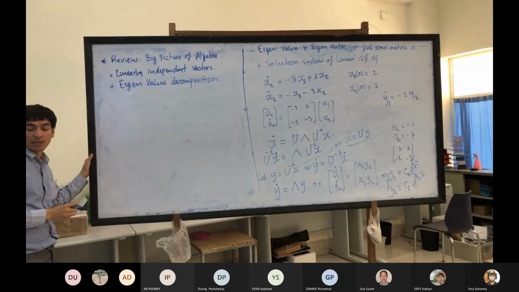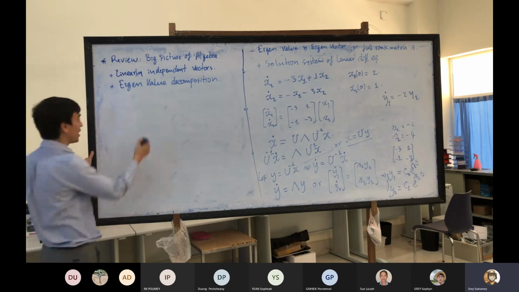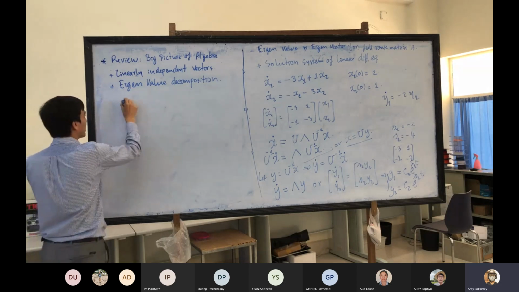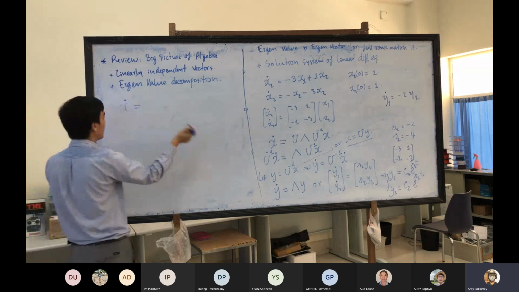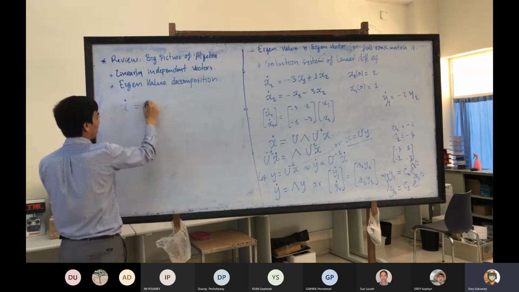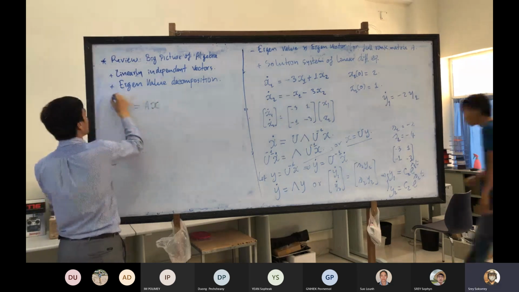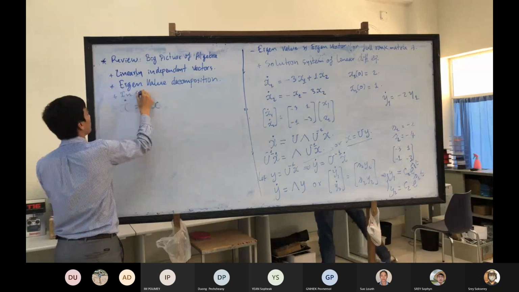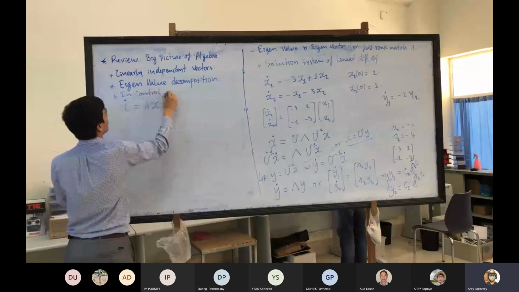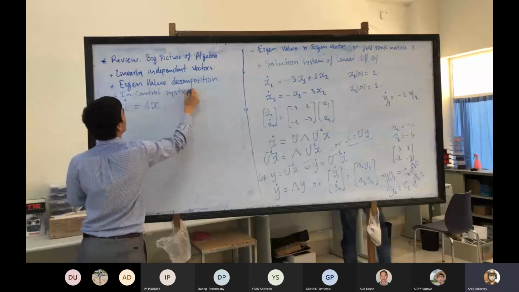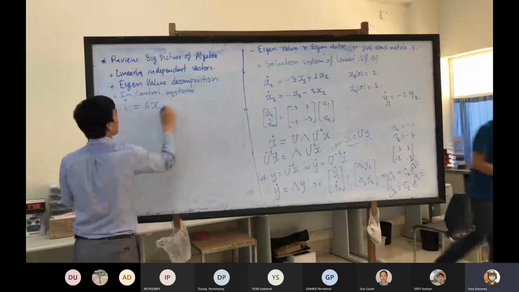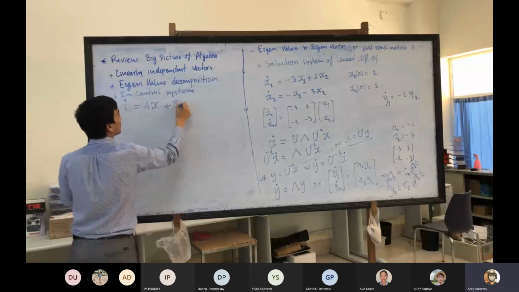And for controller design, you can linearize the system. So when you linearize the system, you will get a system of linear differential equations like this in control systems. In control systems, you have this form.